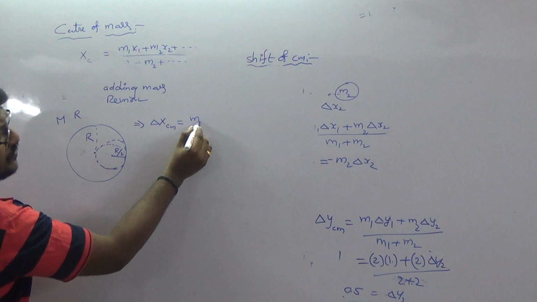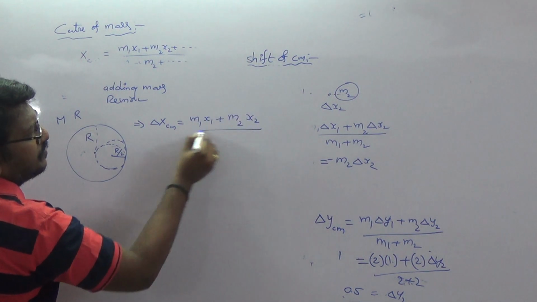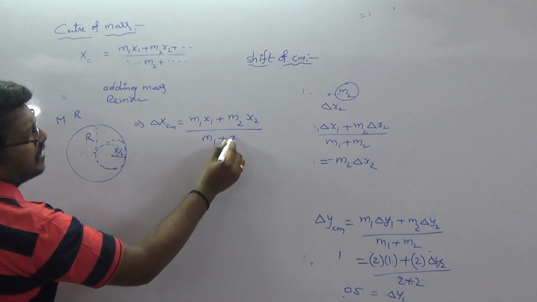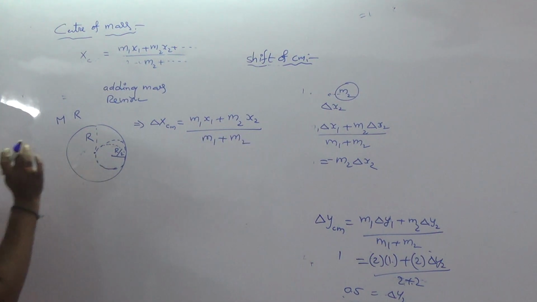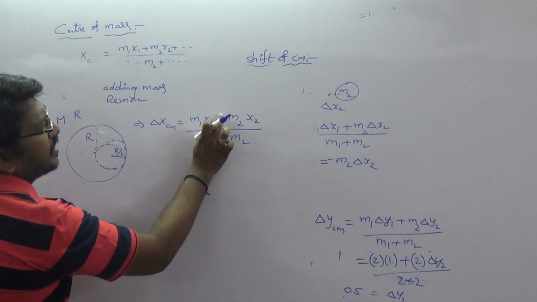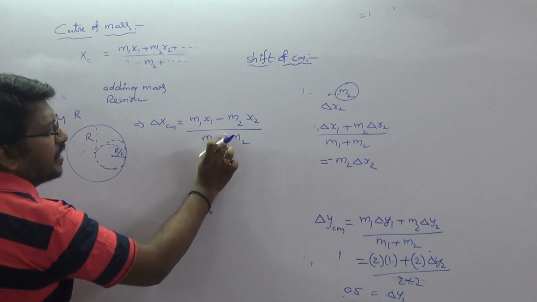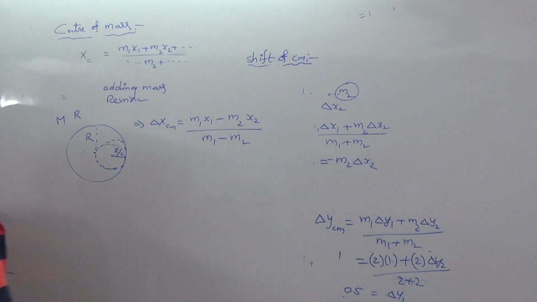So just use the formula now. The shift in center of mass delta xcm: I am going to use the formula m1 x1 plus m2 x2 by m1 plus m2. And when mass is removed, you can use the formula m1 x1 minus m2 x2 by m1 minus m2.